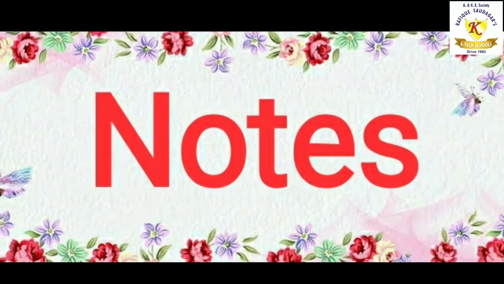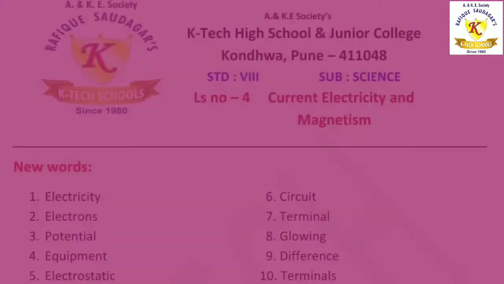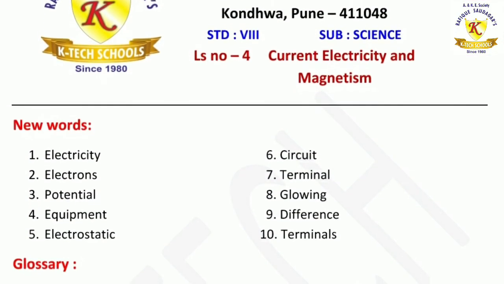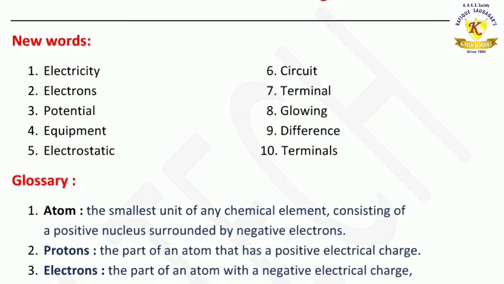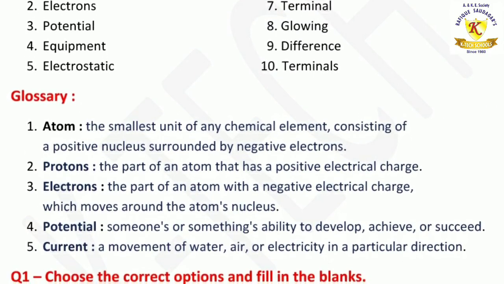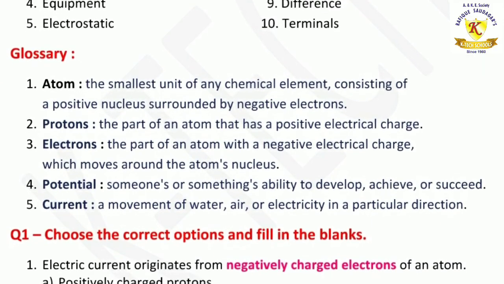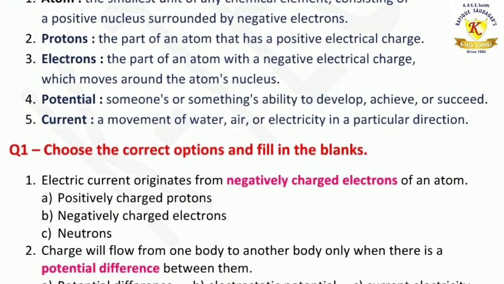Now let's take a look over the notes. First, we will write the new words. Then we will write the glossary, the scientific meanings of the words. Question number 1. Choose the correct option and fill in the blanks.